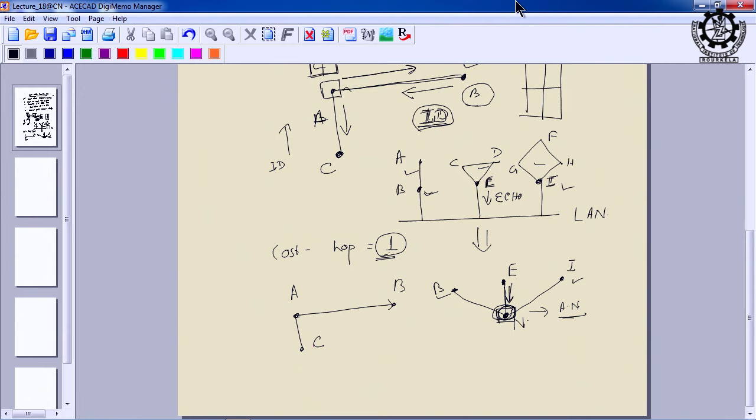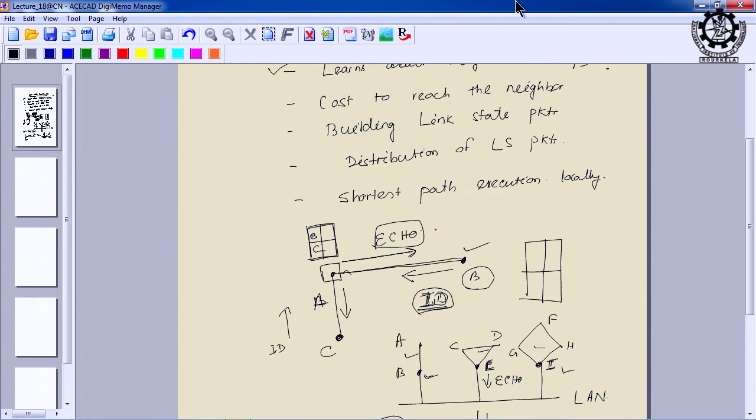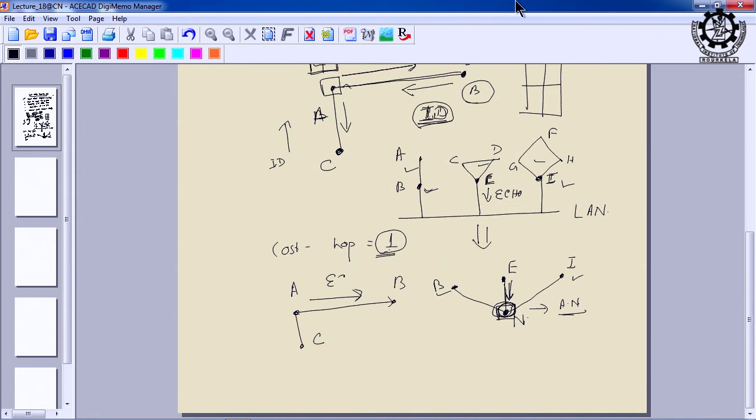Now to execute the second step of the link state algorithm, A sends a special packet. I am sorry, the first one is a hello packet. Replace this with a hello packet, because they just try to introduce themselves to each other. This is a hello packet, and this one is the echo packet.